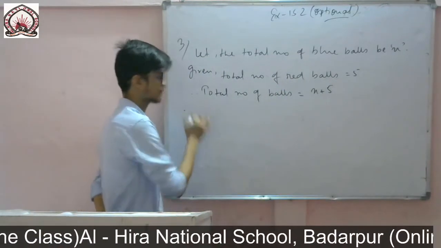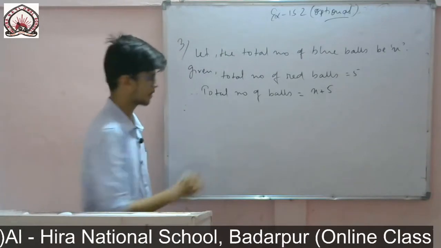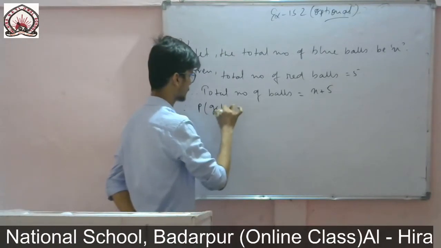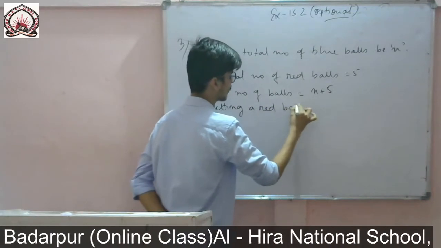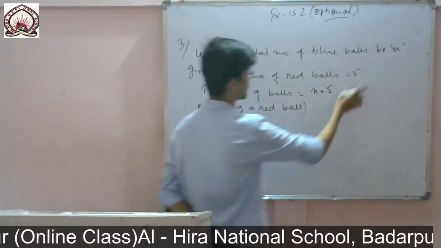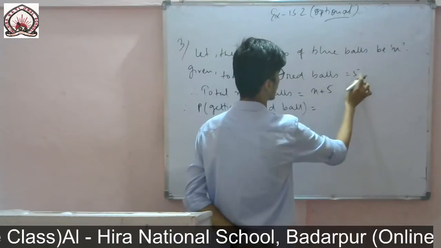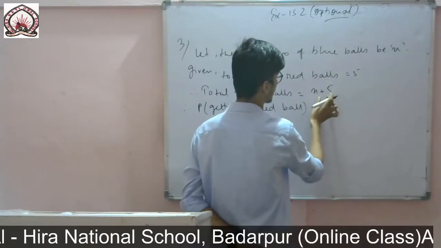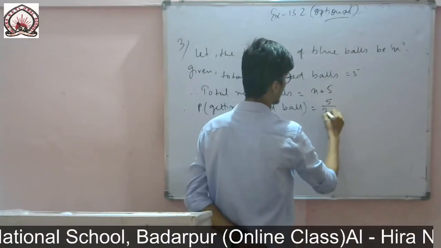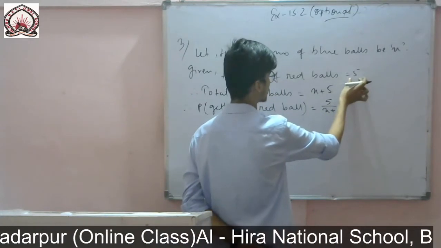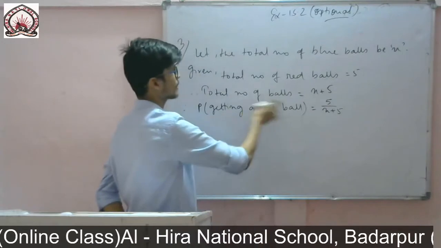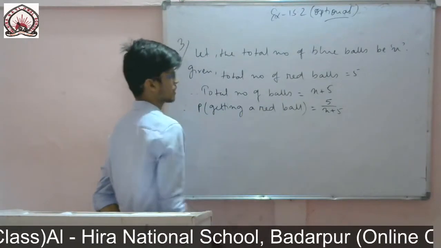So now I can find the probability of getting a red ball. This will be our favorable outcome divided by total possible outcome. So 5 by x plus 5, where 5 is the total number of red balls, the favorable outcome, and x plus 5 is the total possible outcome.